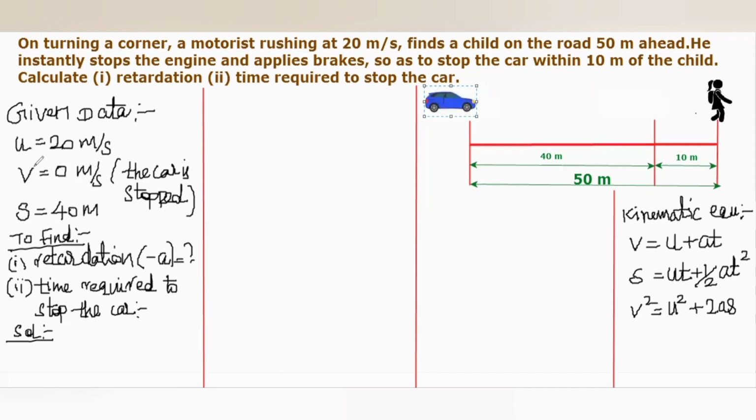We know initial velocity, final velocity, and distance, and we have to calculate A and T. First, to find acceleration, we can use the third equation, because the final velocity V is a known value, U is also a known value, and distance is also a known value.